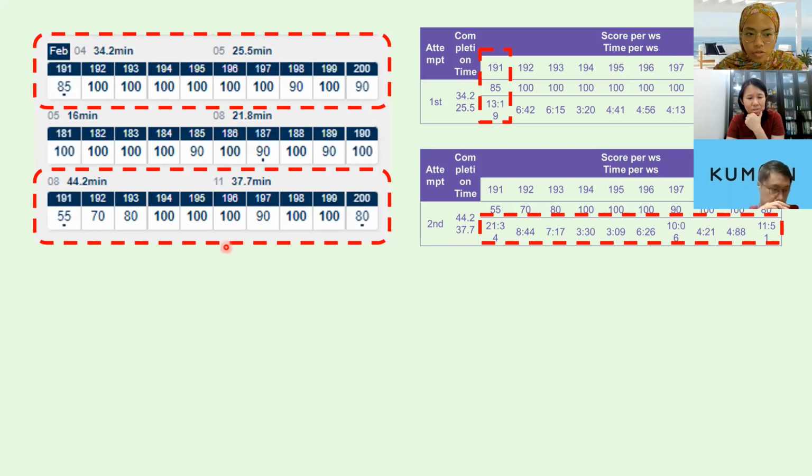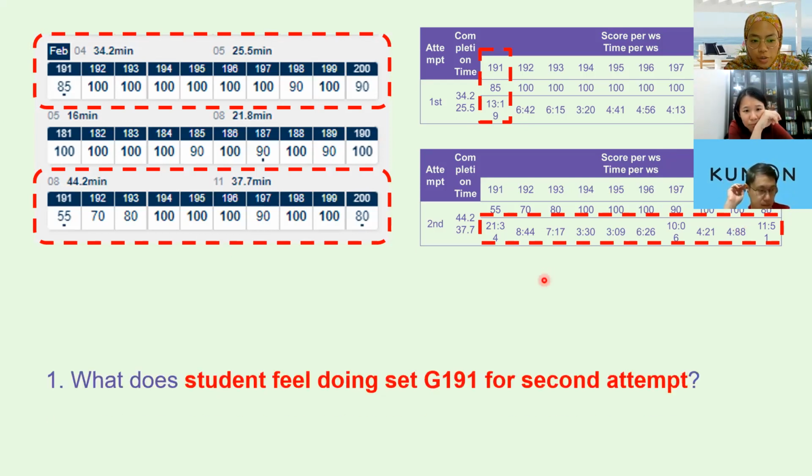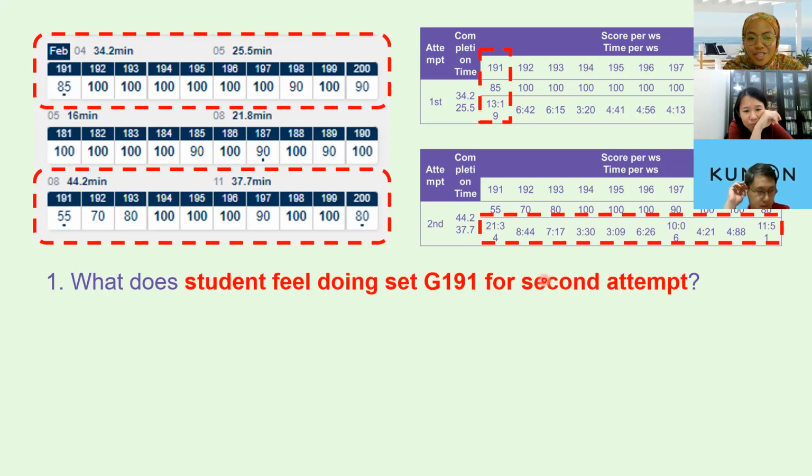If you can see on the left side, this is what is shown in the scorecard of the students. On the right side, I help you by putting the timing more specifically from page to page. Before that, I wanted to ask you, you shared how students feel, but looking at the timing itself, the first attempt is 34.2 minutes and the second attempt is 44.2.